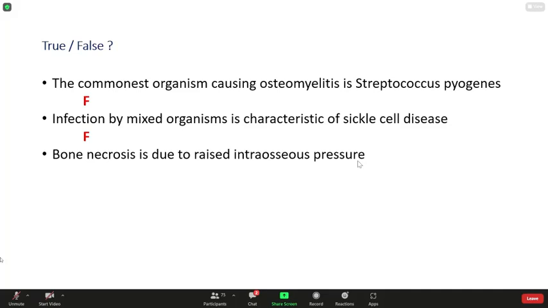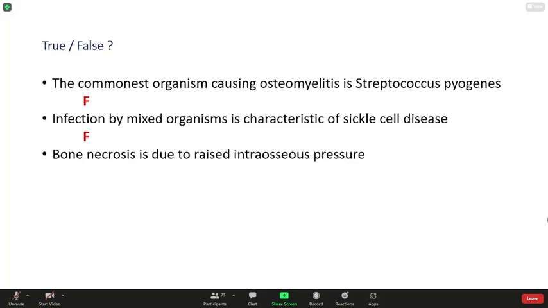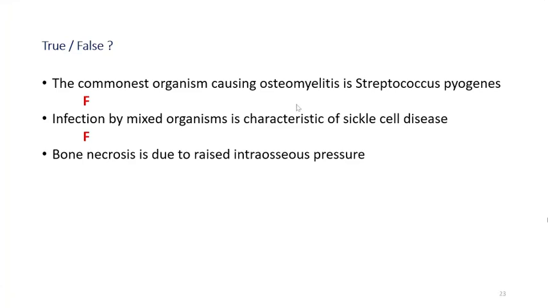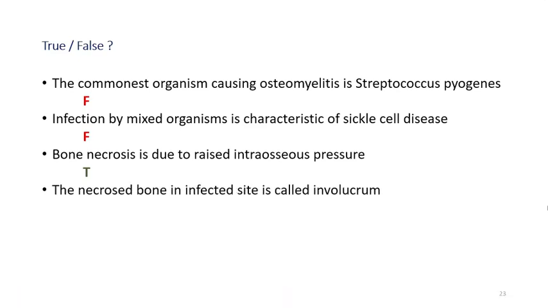Bone necrosis is due to raised intraosseous pressure. What do you think? It can be true, because raised intraosseous pressure can lead to ischemic necrosis. Yes, it is true. The necrosed bone at the infected site is called involucrum.